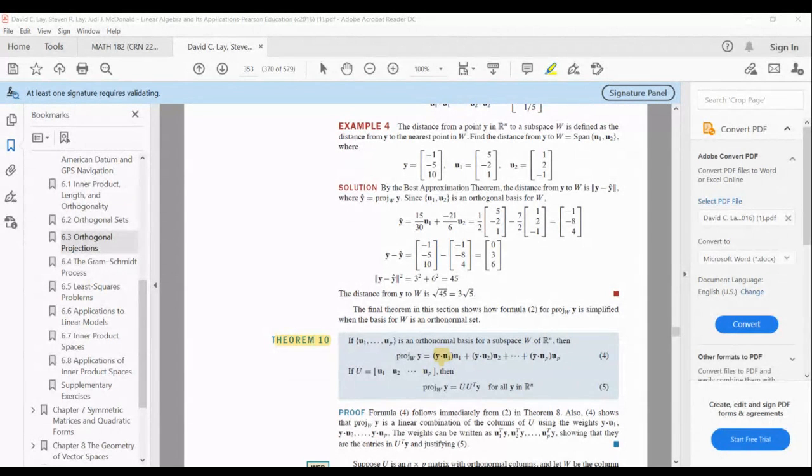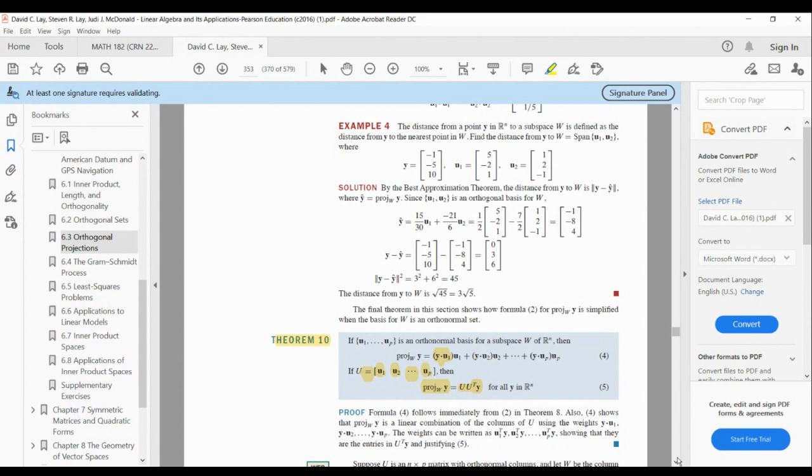And so that's kind of cool. But then also look at how you can write the projection of y onto W. If the matrix U is defined to be the matrix whose columns are these orthonormal vectors, then the projection of y onto W can be written as U times U transpose times the vector y.